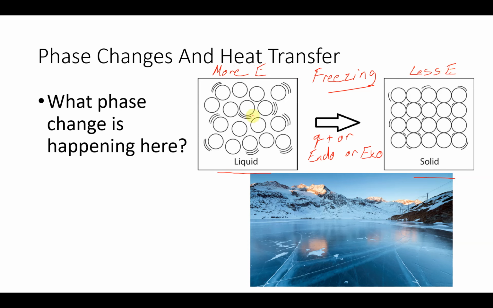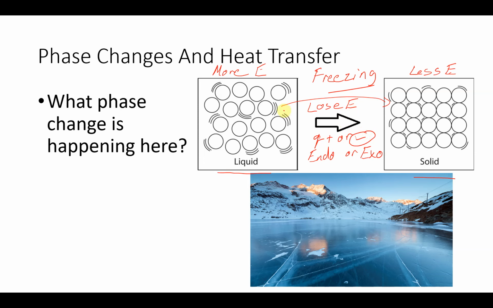So that means, does it have to gain or lose energy to become a solid? Well, if you said it has to lose energy, you are correct, which means it's losing heat. So, positive or negative? Well, if it's losing heat, that's like money coming out of your wallet, it's negative.